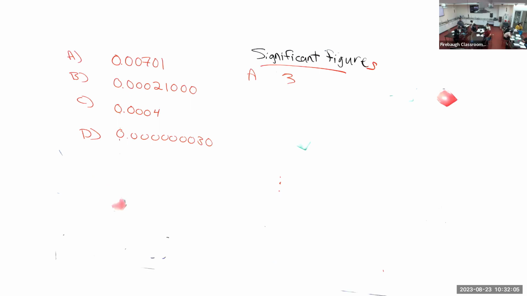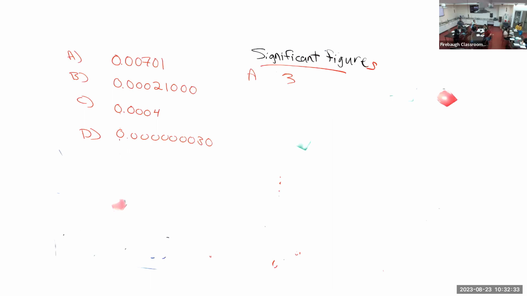What about B? 4. Sure. 1, 2, these are extra. Do I have to write these to have the same value? Are they necessary? If I want 0.00021, is it necessary for me to add those zeros, or is that just extra?